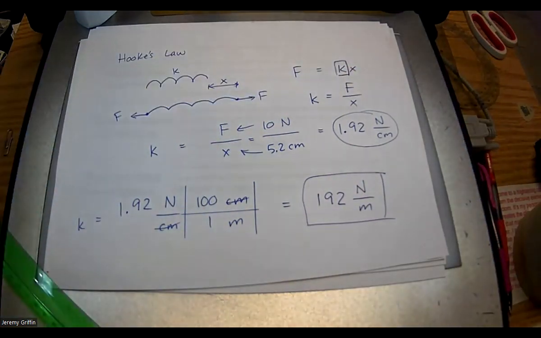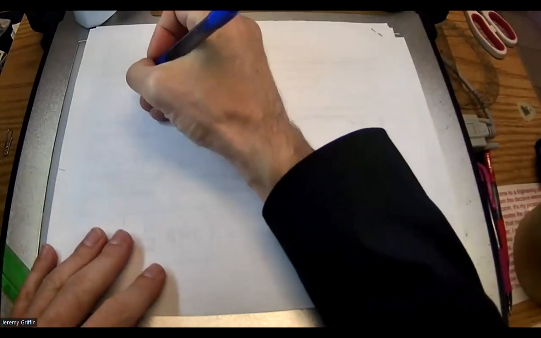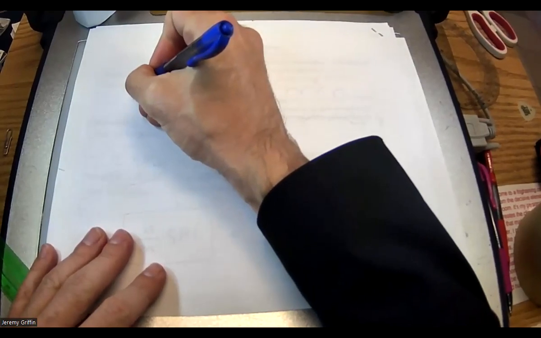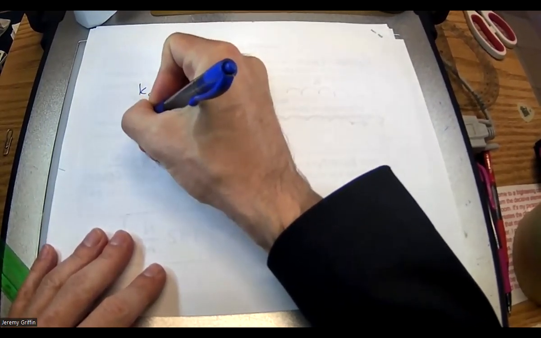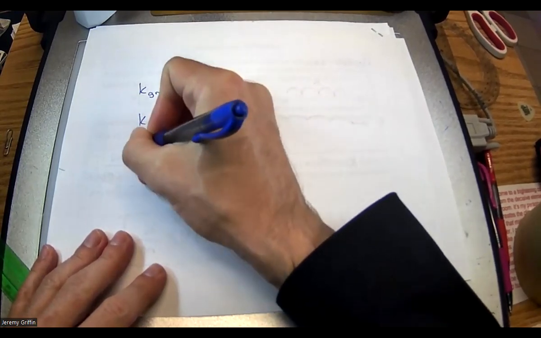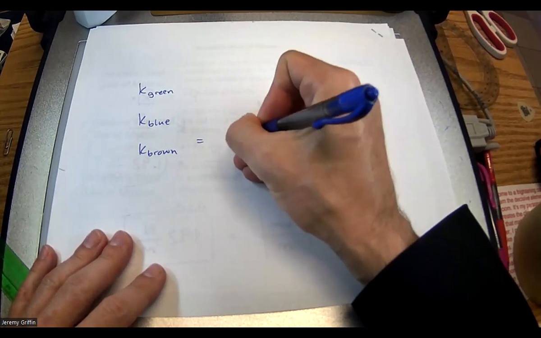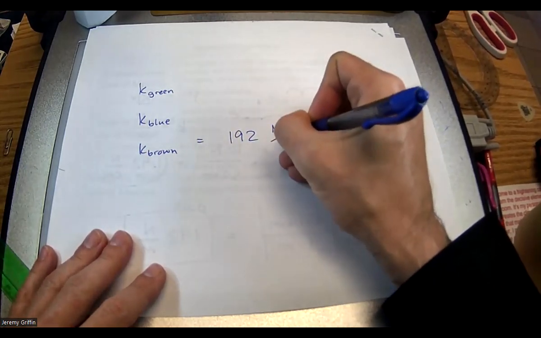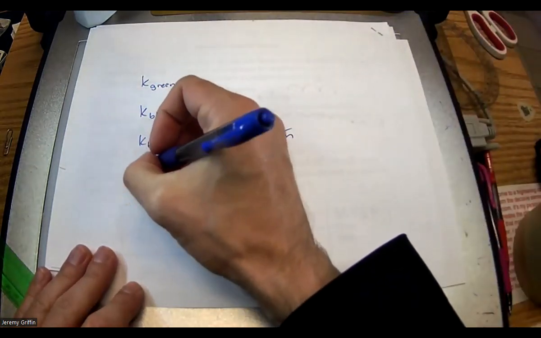Okay. All right. So on your desks, I know there's a green spring. There's a blue spring. Now I have the brown one, and I told you guys already the brown one is 192 newtons per meter, right? I know the blue and the green are less stiff, but what's more stiff?